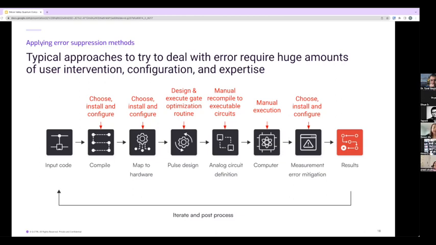It also oftentimes requires sampling methods, which means that you run several different circuits on a machine in order to figure out how to appropriately account for the error that arises within just that specific hardware system. And all of this can lead to a lot of additional burden and overhead that prevents you from getting to the stage where you can actually run a valuable circuit.